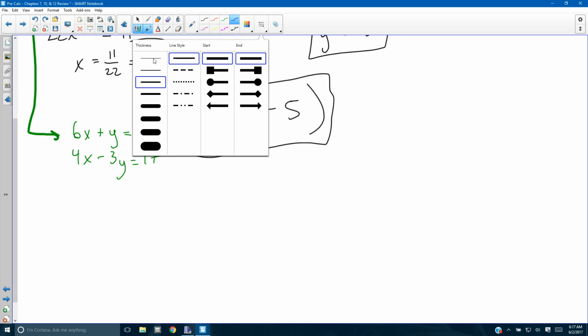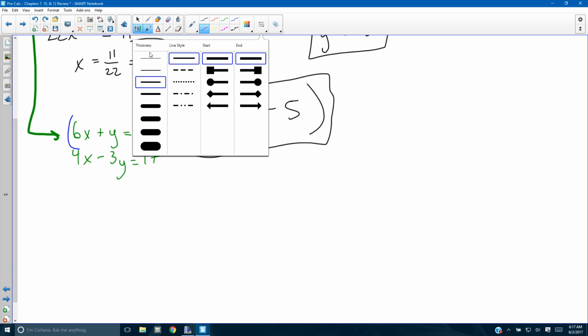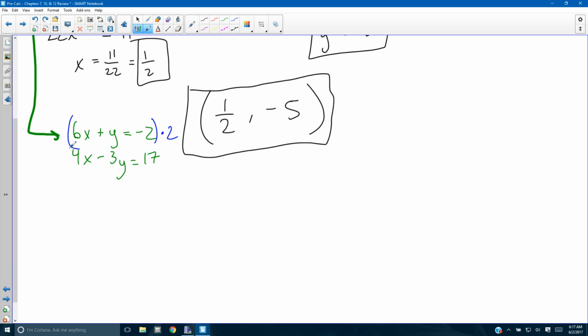Least common multiple of 6 and 4 is 12. If I multiply the top equation by 2 and the bottom equation by 3, I will get exactly what I'm looking for there. However, I would love for one of these to be negative. So how about I multiply the bottom by negative 3 here. So this is going to be negative 12x plus, excuse me, 3 times 3y, plus 9y equals negative 51.